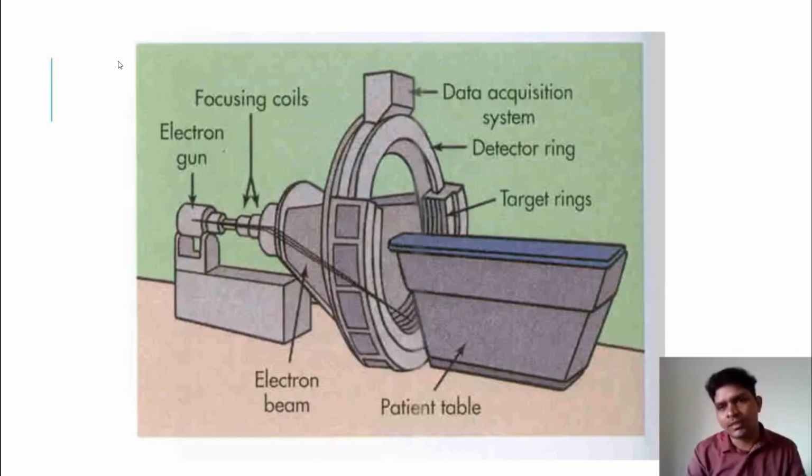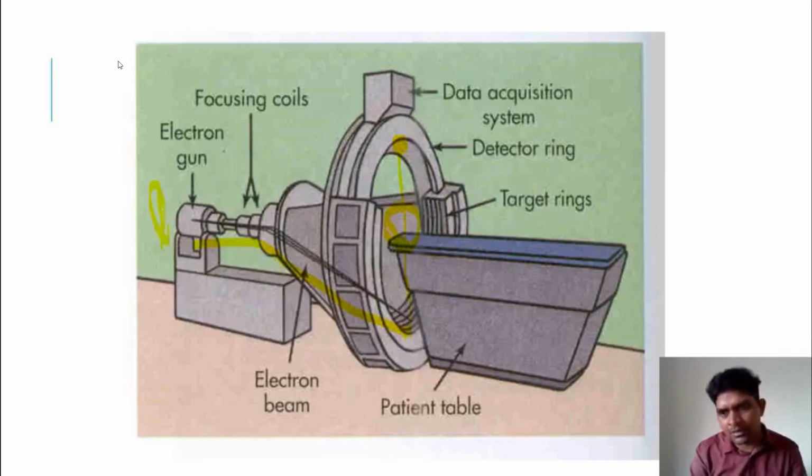Here you can see the electron gun; when the electron gun produces the electrons, this focusing cup directs them to the target. Here the patient will be lying down, this is a head example. When the electron hits the target ring, it will reflect back, go in this direction, and hit the detector ring.